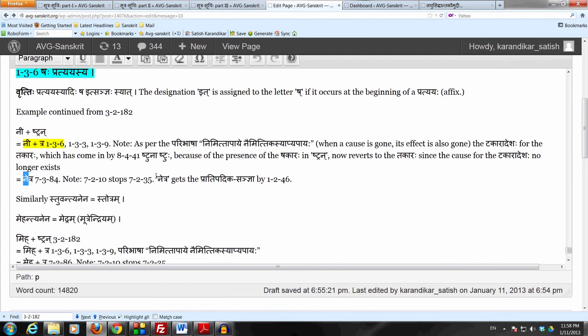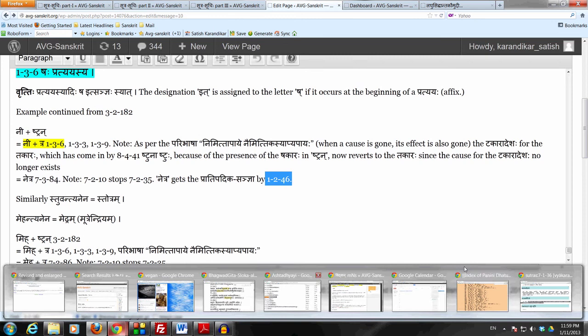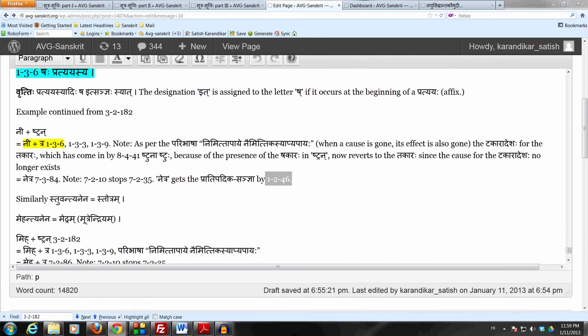Now the idagamaḥ, which may have happened by 7.2.35 ārdhadhātukasyeḍ valādeḥ, the affix tra was eligible for idagamaḥ, but this dhatu ni is anudatta upadeshaḥ. So 7.2.10 ekācha upadeśe 'nudāttāt stops the idagamaḥ which was potentially coming by 7.2.35. So netra gets the pratipadika sanjna by 1.2.46, and this is used in the neuter gender, so we get the form netram as prathama ekavachanam, and this is the instrument for leading.